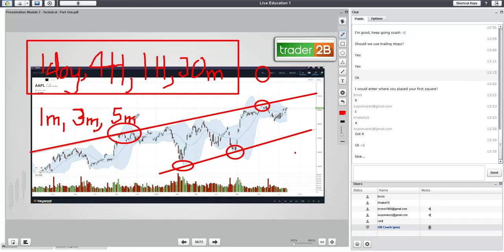Okay, so does that make sense, guys? When we're drawing technical levels and technical patterns, we want to get a macro view of the chart, right? So we want to see the chart from the largest time frame possible. That's where we want to start, drawing levels in the markets to get a better sense of what's going on.